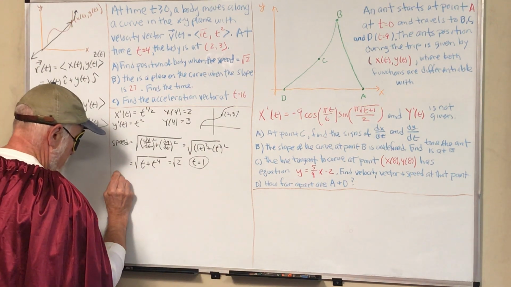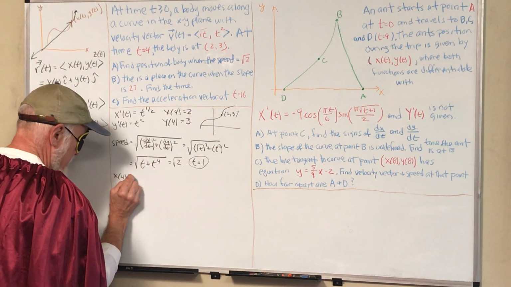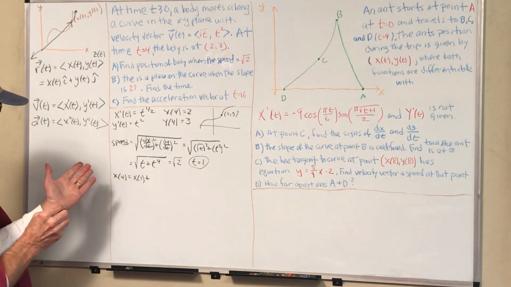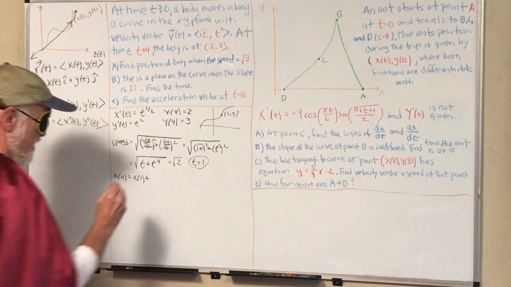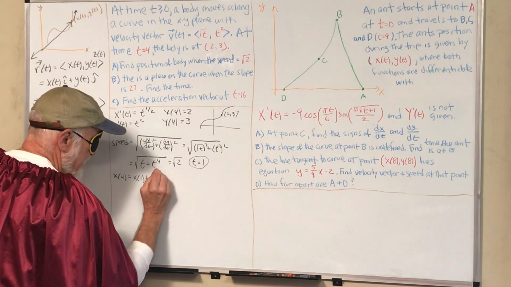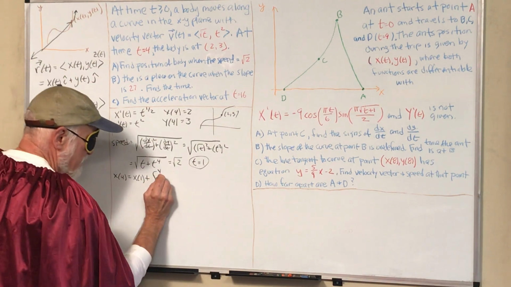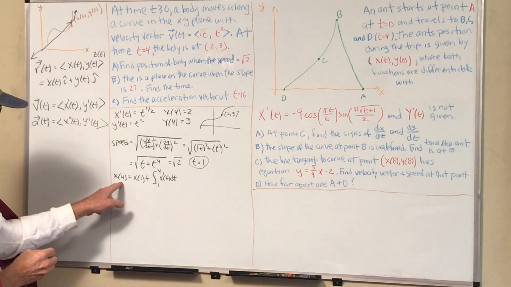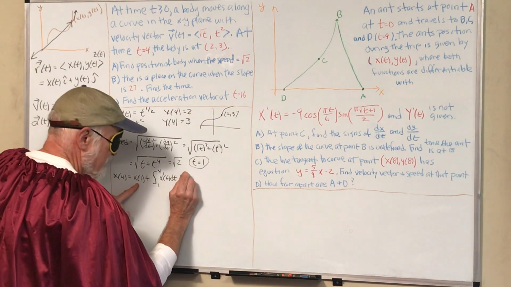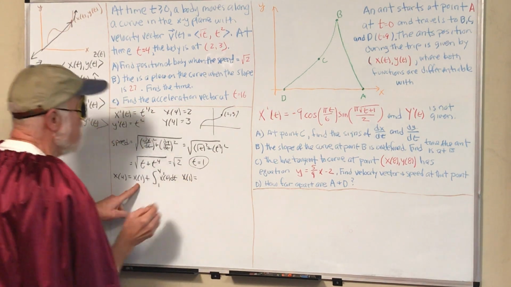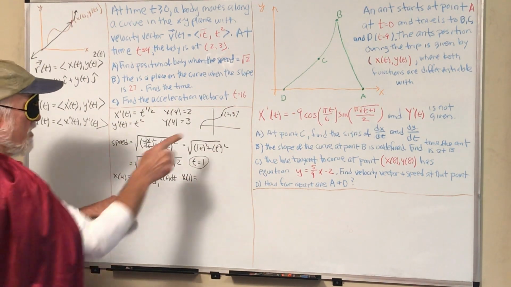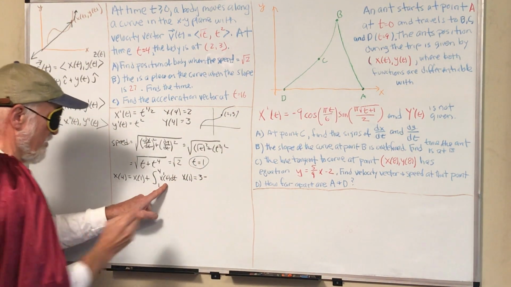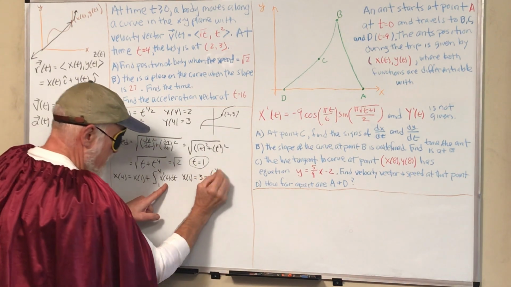So we know that x of 4 is x of 1 plus how much the x variable changes between 1 and 4. Well, that's going to be the integral from 1 to 4 of x prime of t dt. So from this, you can see that x of 1 is the position at time 4, which we know is 3, minus this integral from 1 to 4.